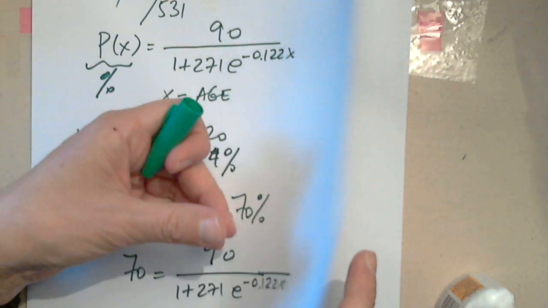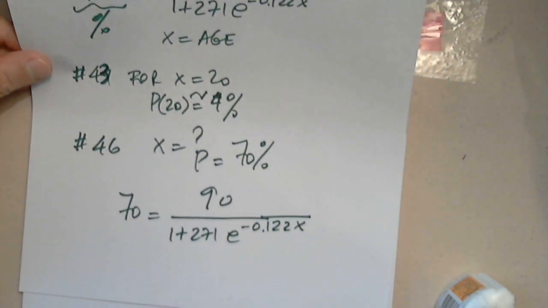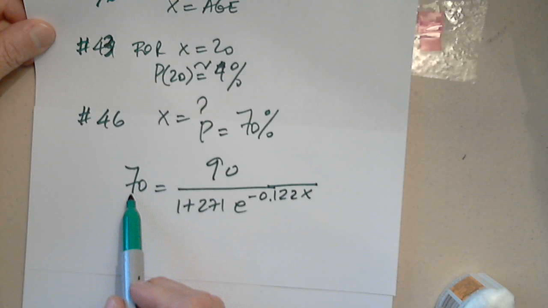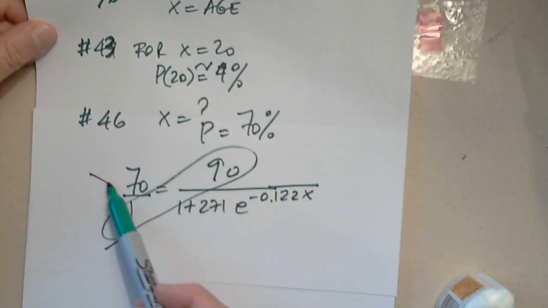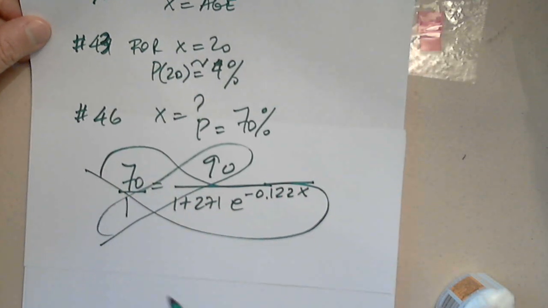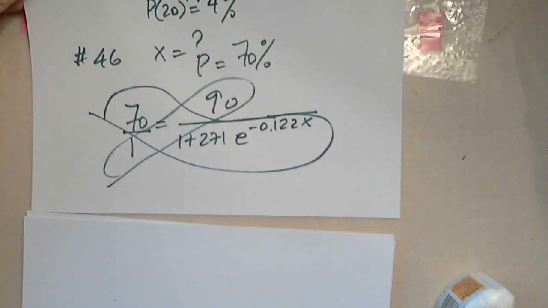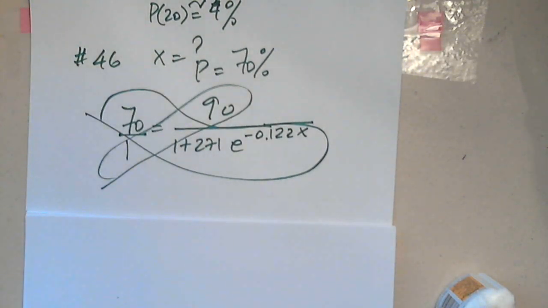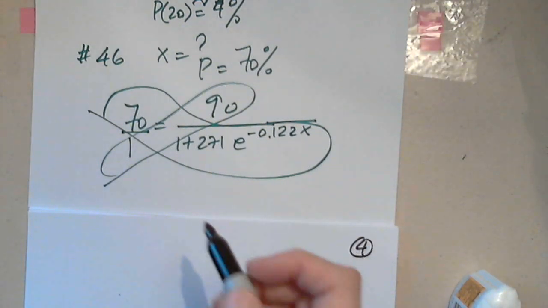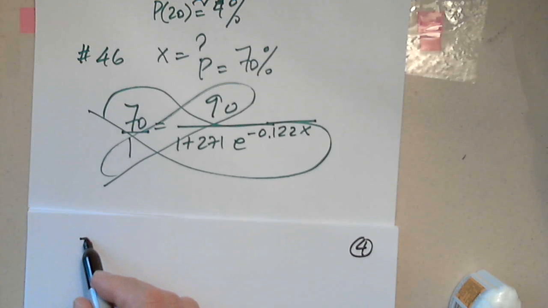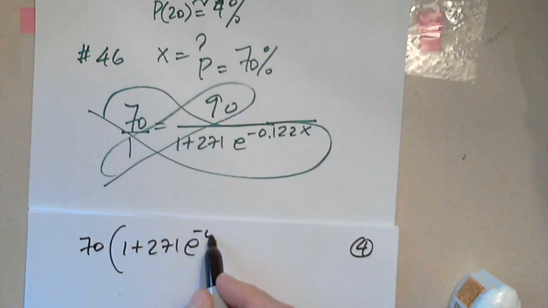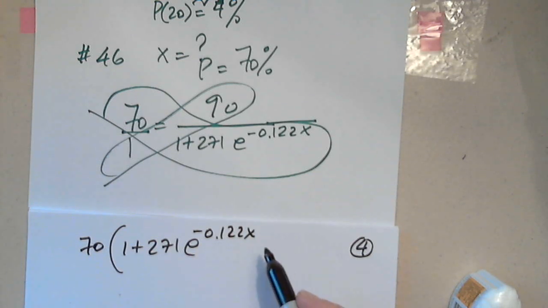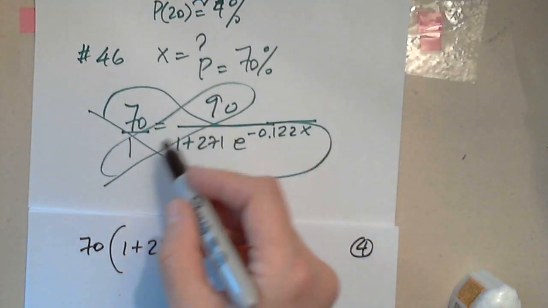The first thing we have to notice is that this is really a proportion. Once you notice that it's a proportion, it becomes, step by step, somewhat easier. So I see that 70 times this, do not multiply, just leave it outside, 1 plus 271e to negative 0.122x equals 1 times 90.